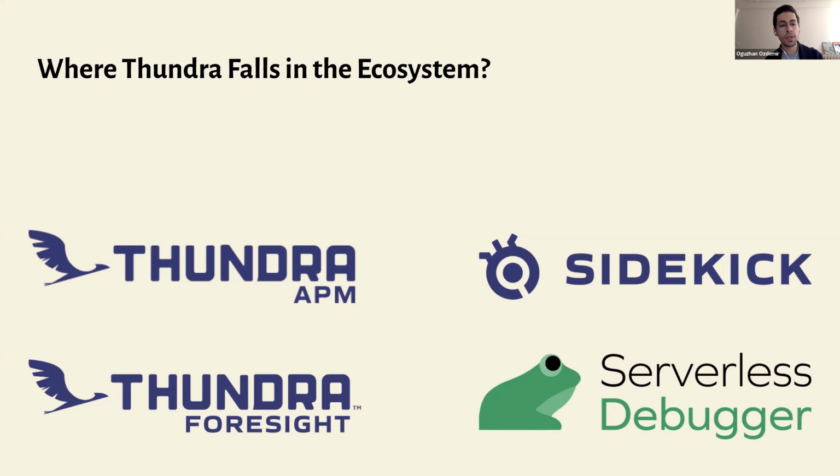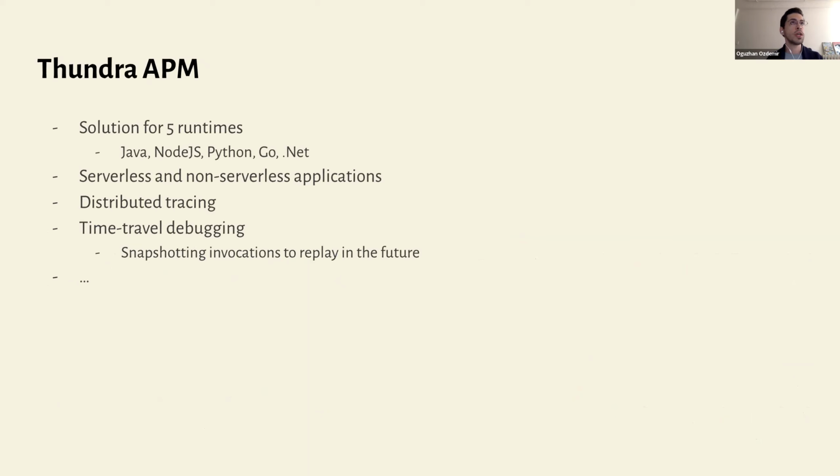We learned a lot from the APM side and did a lot of exciting stuff with the APM features. We support 5 different runtimes. We did serverless and non-serverless application monitoring, distributed tracing, and what we call time travel debugging.